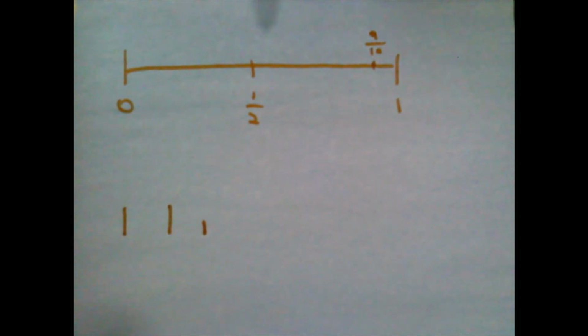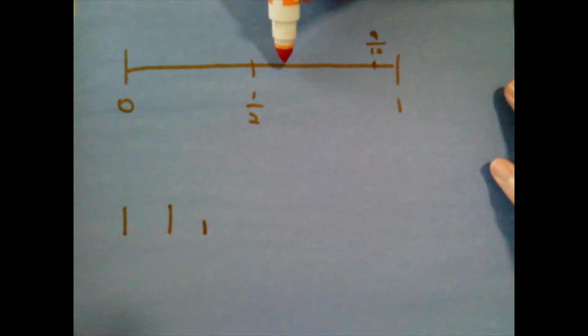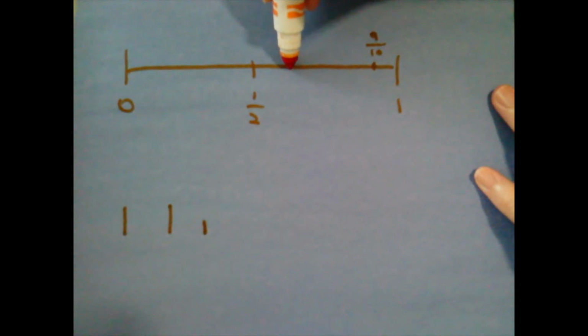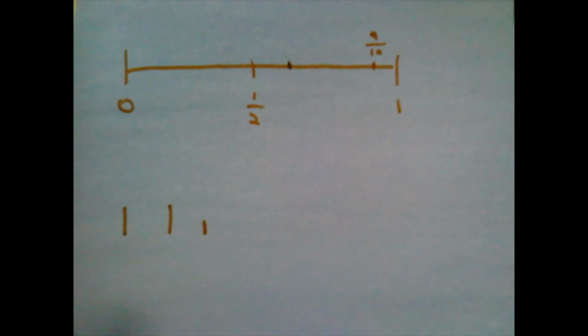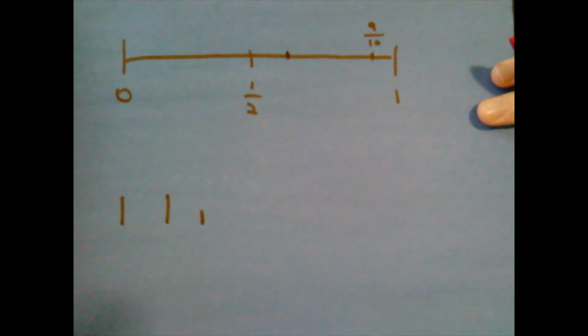Now 2/3, that's close to 1/2, but a little bit more. So 2/3 would be about right here. So if we have one whole, two wholes, and almost 1/2, then what do you think? 2.5 times? Do you think that the answer could be 2.5?